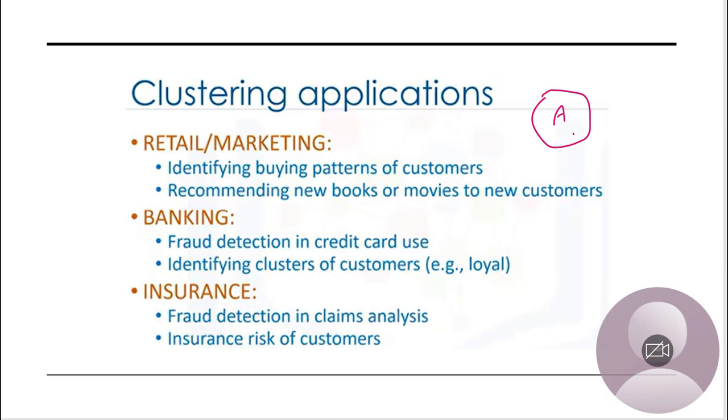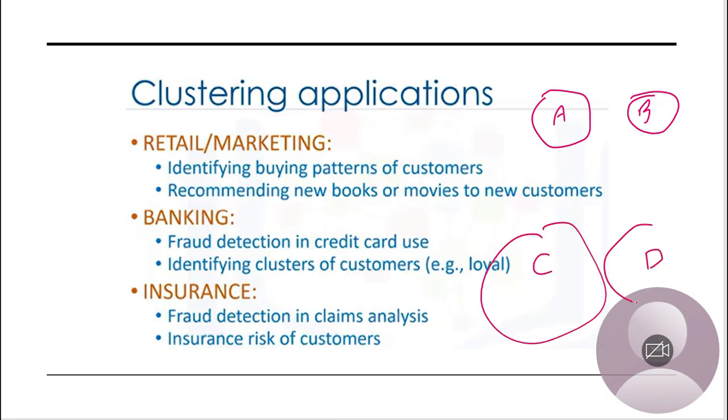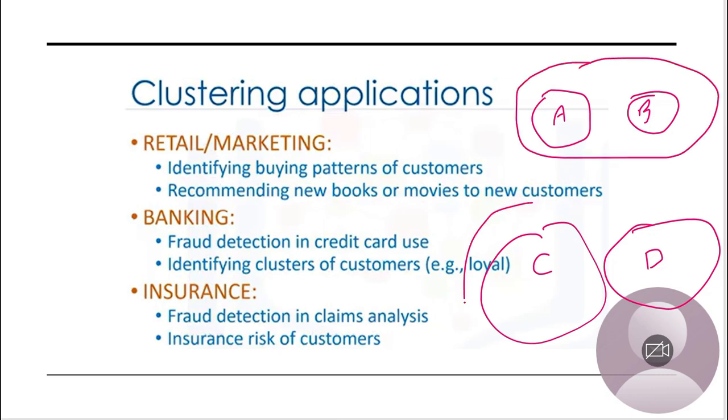Customers who buy book A also buy book B, and customers who buy book C buy book D. That means you can create a cluster. This would be a cluster because we know that customers who buy book A normally buy book B, and customers who buy book C normally buy book D.